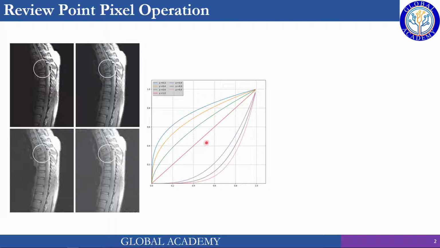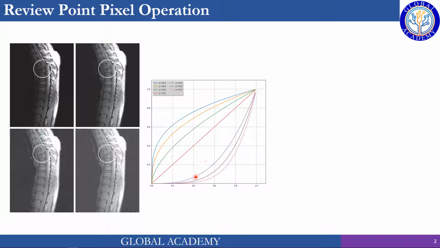So more important is how we interpret these functions, like how we map the input image using the transformation to the output image. Let us consider a blue line, this one with gamma equal to 0.6. 40% of the darker gray shades are mapped to approximately 80% of the gray shades.